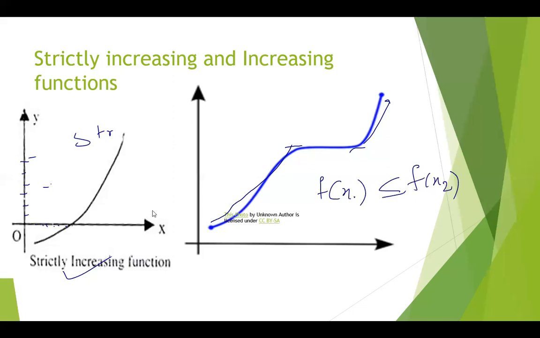So this is the difference between increasing and strictly increasing functions. In a strictly increasing function, whenever x1 is less than x2, f of x1 is strictly less than f of x2, but in only increasing functions, there may be a flatness like this.